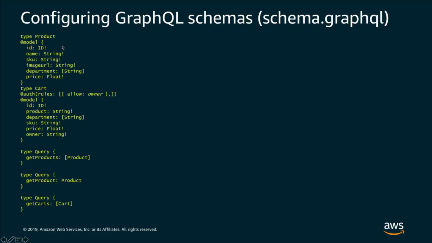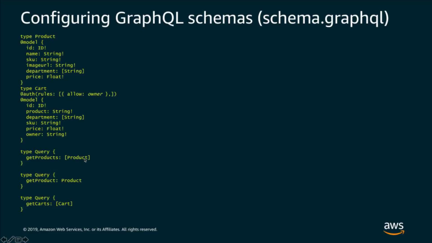In our case, we're going to have two models. The first model is for the product, and that product has an ID, a name, and things like the image and the department. And then another model that we're using here is the cart. And in the shopping cart, the same thing, we have the product, and we have the SKU, the price, and the owner.